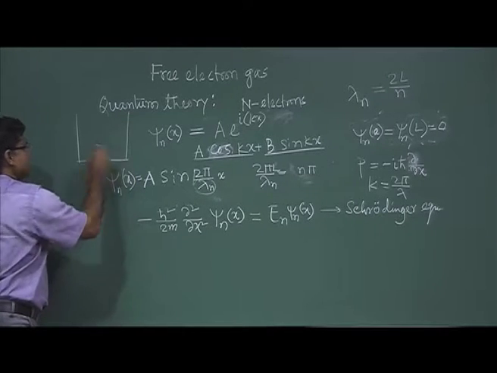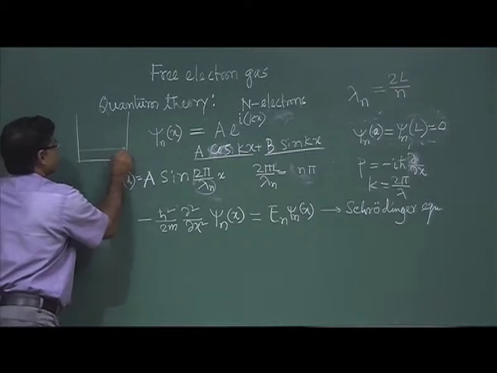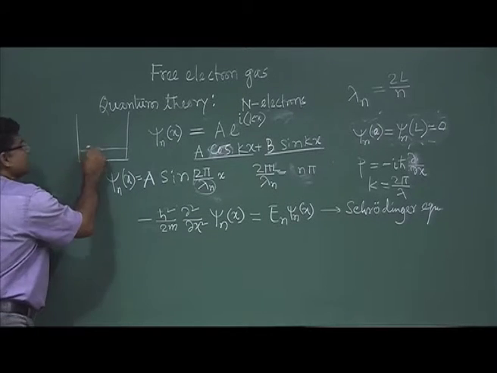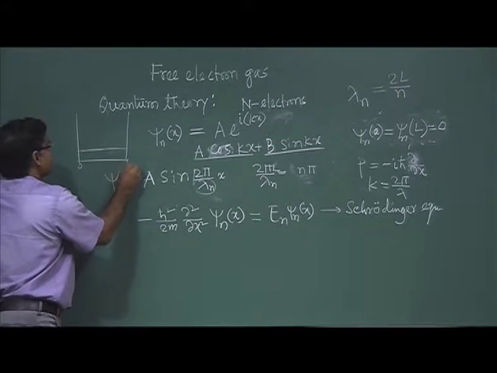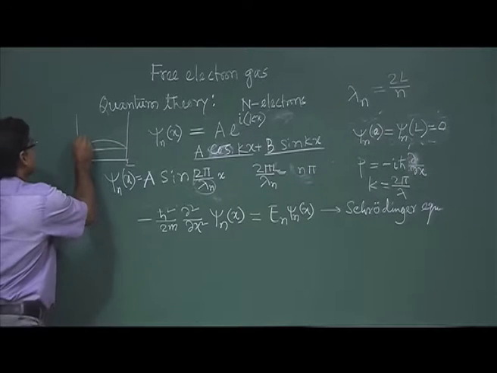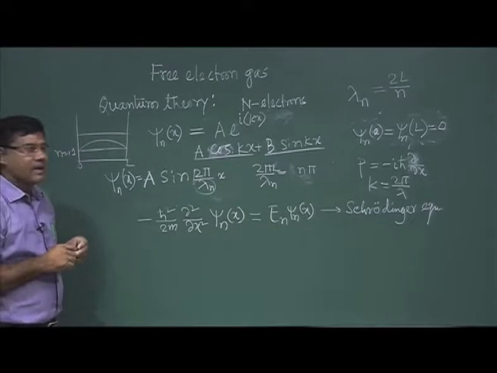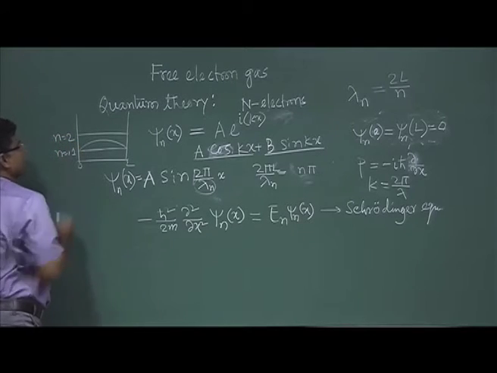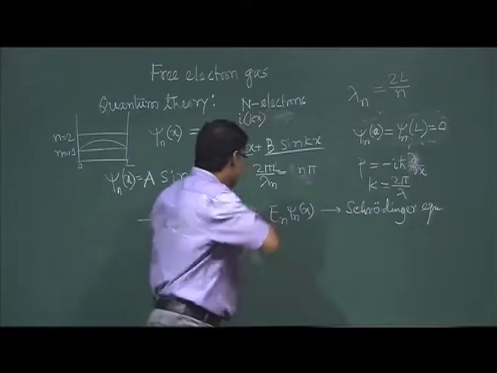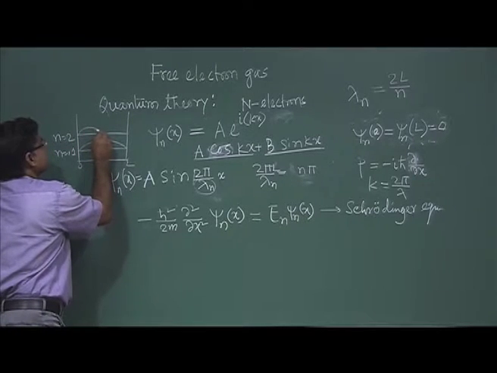Here you can draw, since this is one dimensional. For n equal to 1, from 0 to L, the wavelength of this wave will be like this, right. For n equal to 2 the wavelength will be L, one complete oscillation like this.